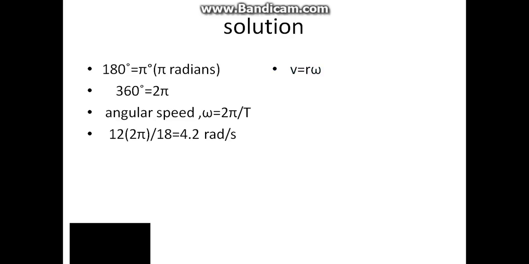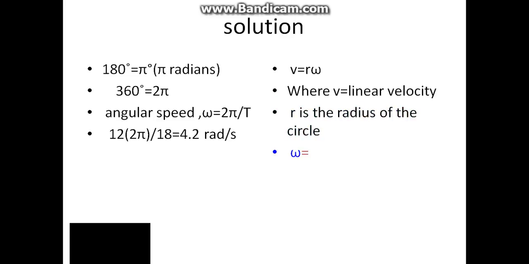The velocity we are asked to find is equal to radius times angular velocity, where v is the linear velocity, r is the radius of the circle, and w is the angular velocity.